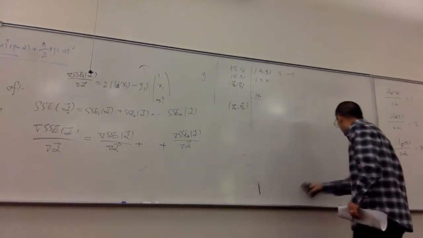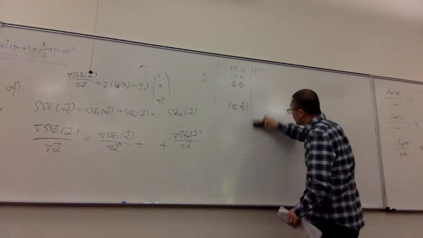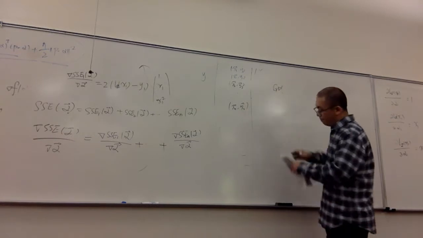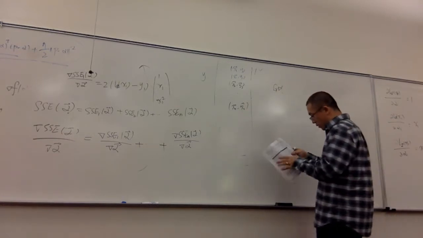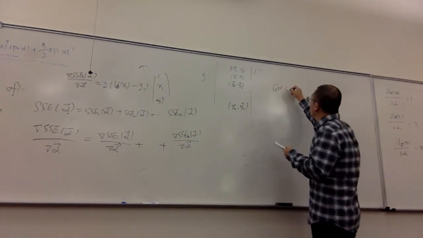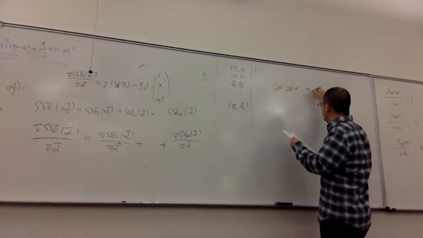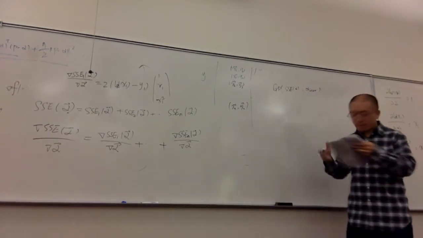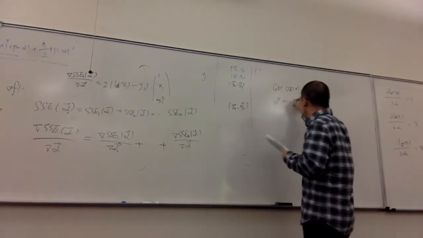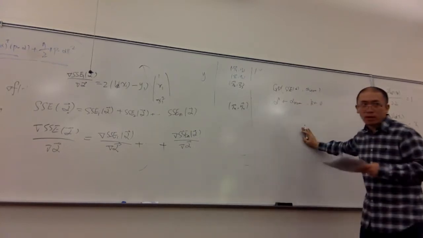So let me just write down the pseudocode. So it is gradient descent. This is our SSE function, and we need to indicate a starting point, right? And then we initialize alpha 0 to be the starting point, and the number of updates right now is 0.